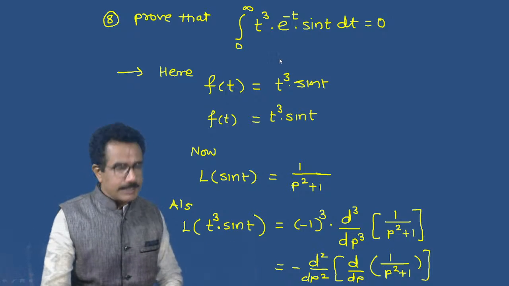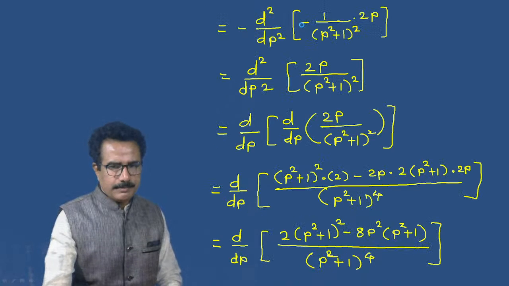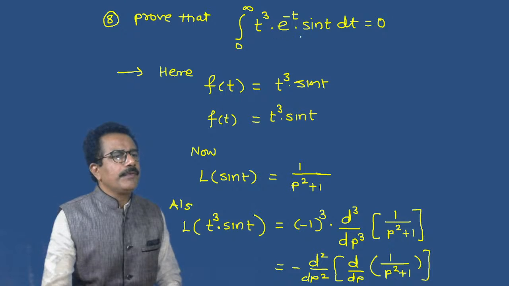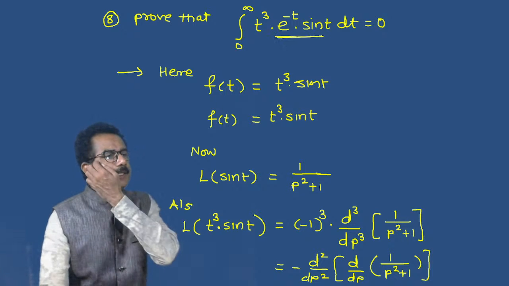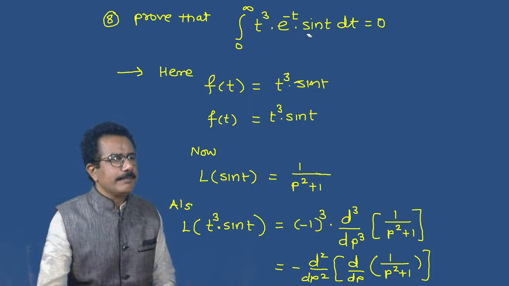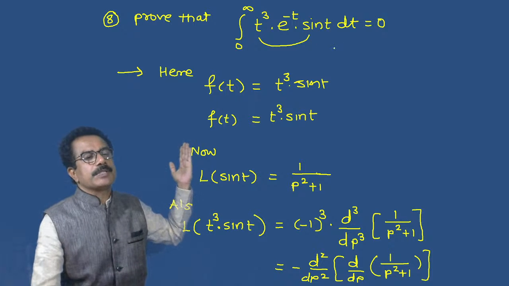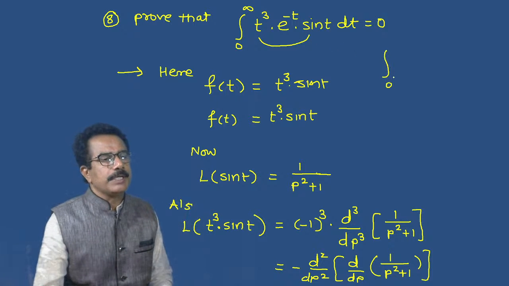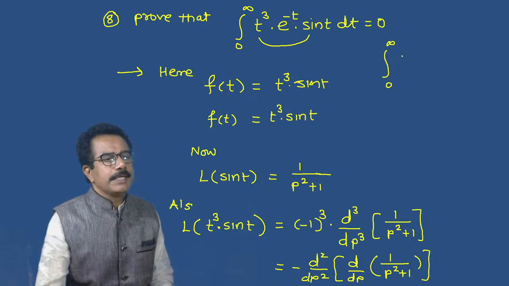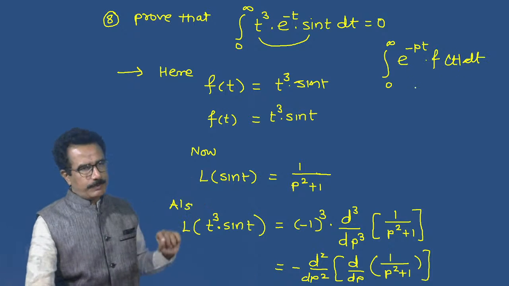If we consider this f of t, t cube into sin t, then we can use the standard formula for the Laplace transformation, integral from 0 to infinity e raised to minus pt into f of t dt. So we have to use this formula.